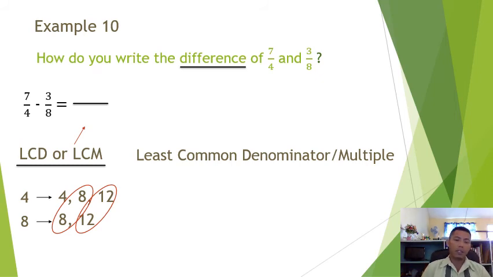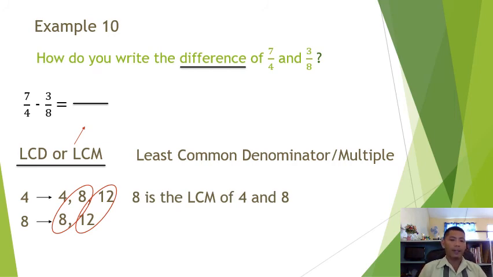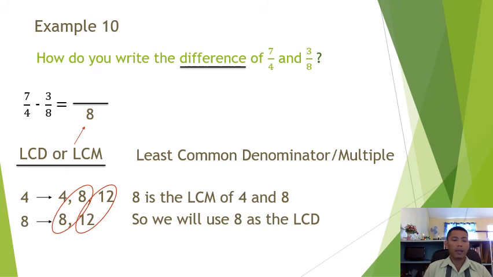Since we are looking for the least, 8 is the least, therefore we are going to use 8 as the LCM of 4 and 8. So we will use 8 as the LCD in solving this.